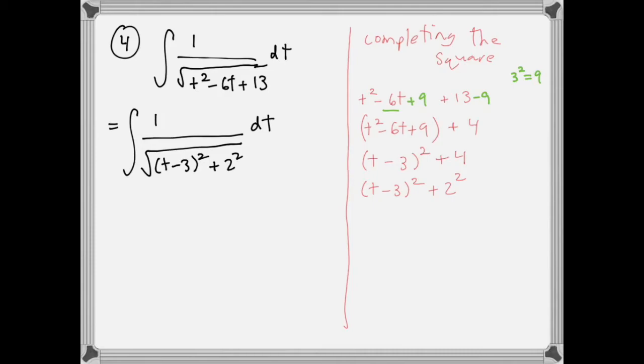Okay, so then what is our trig substitution going to be? Remember, if you have a function squared plus a squared, then that means we let f of x be a times tangent theta.